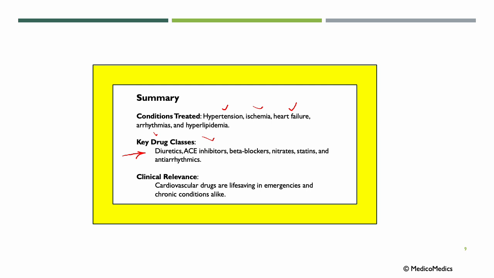Key drug classes we talked about: diuretics, ACE inhibitors, beta blockers, nitrates, statins, and antiarrhythmics. Of course, cardiovascular drugs are life-saving in emergencies and chronic conditions alike. Now this was a general overview of the drugs we use in treating cardiovascular disease.